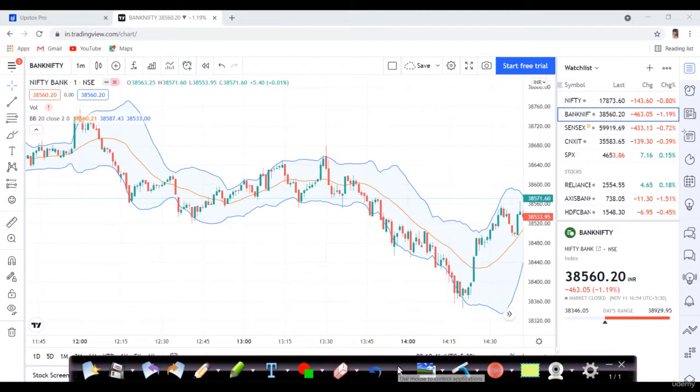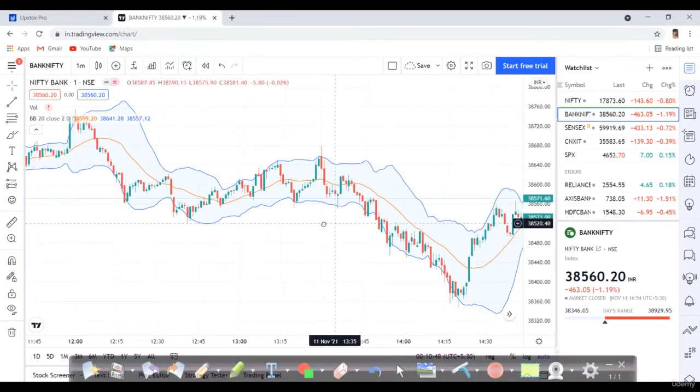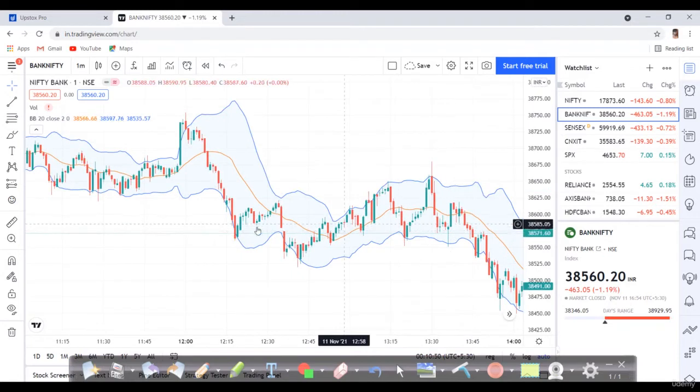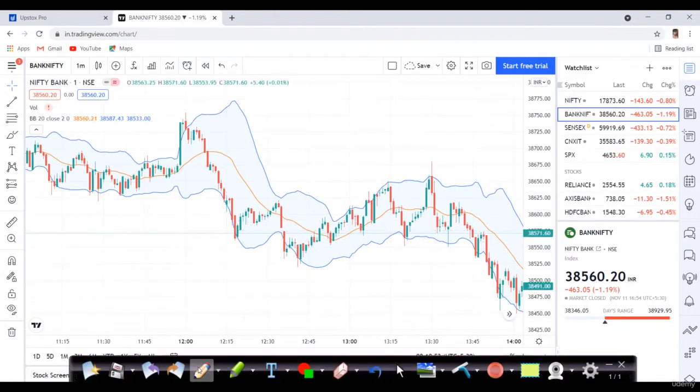So in the Bollinger Band, if the market is sideways, then you need to buy whenever the market takes support here and creates a bullish candle, buy here. And when to sell? Whenever the market touches the resistance line, then you need to sell. Means buy here and sell at this line. If the market is sideways, then it will give good profit.